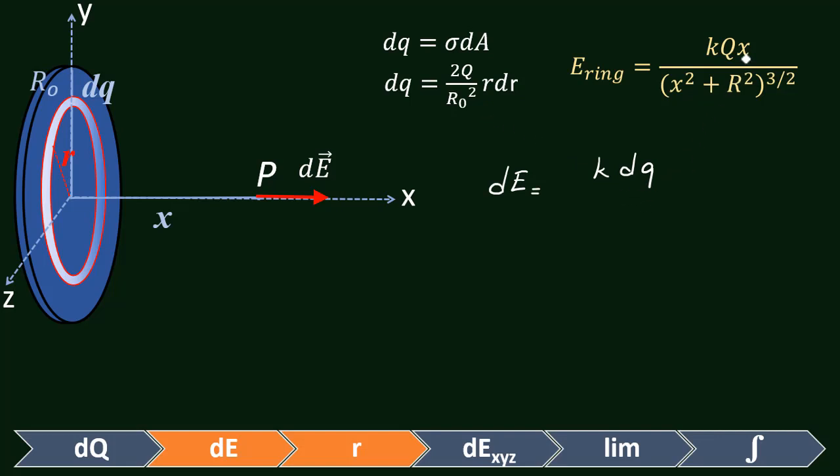X was the distance from the center of the ring to the point on the center axis. It's the same x that we have here, so we're keeping x. R was the radius of the ring in the previous problem, and here we define it with a small r. So here we have an expression for dE.